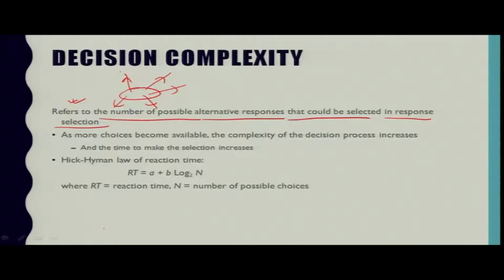So as more choices become available to the decision maker, the complexity of the decision process increases, and as the complexity of the decision process increases, the time to make the selection also increases. It follows that as decision complexity increases, time to make the selection will increase.